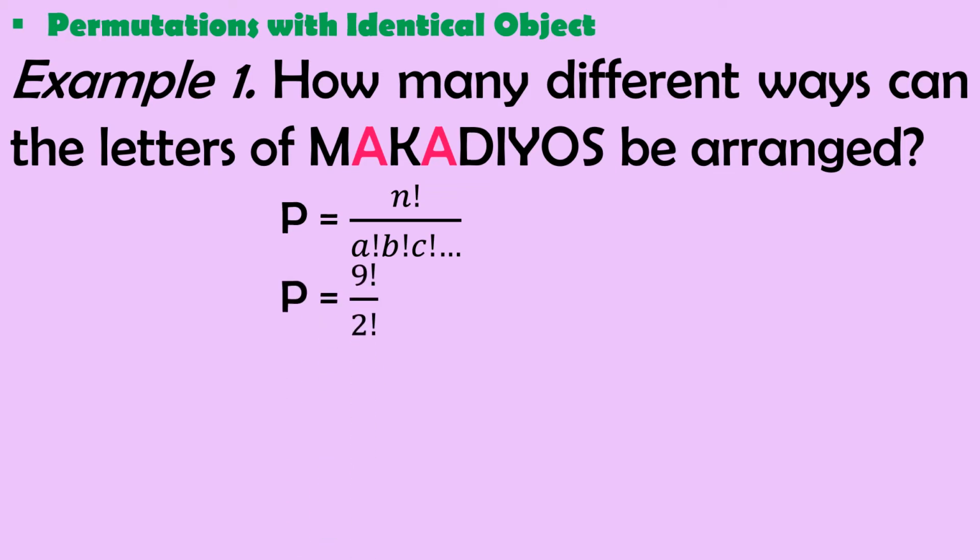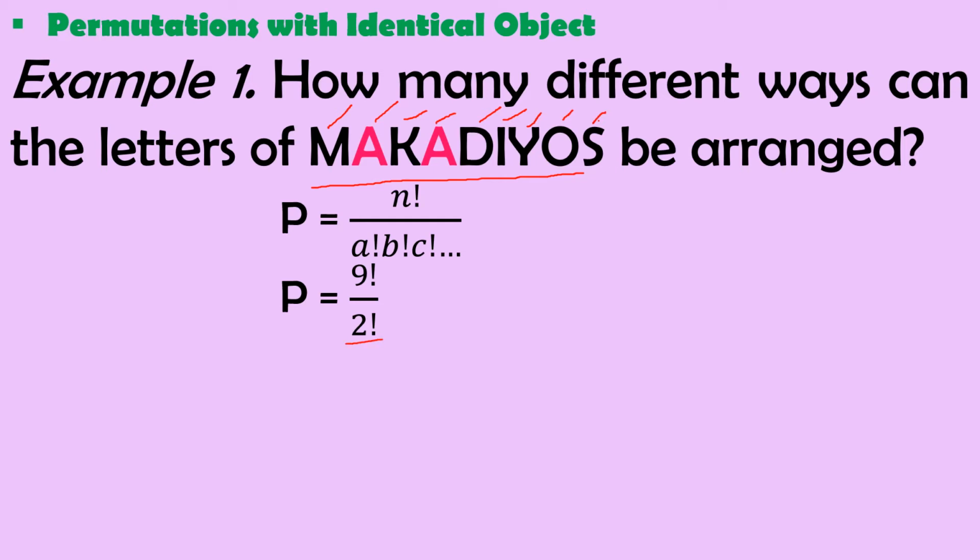This time, the value of n is 9 factorial because the word Mankatos is composed of 9 letters. 1, 2, 3, 4, 5, 6, 7, 8, and 9 over 2 factorial.